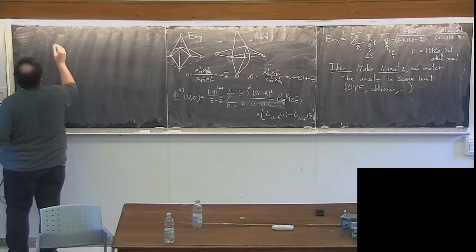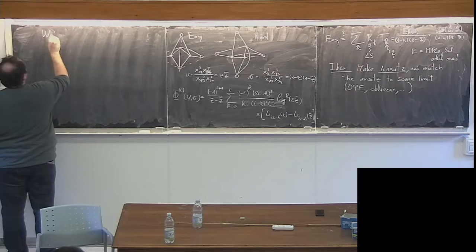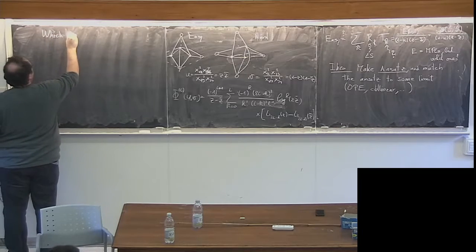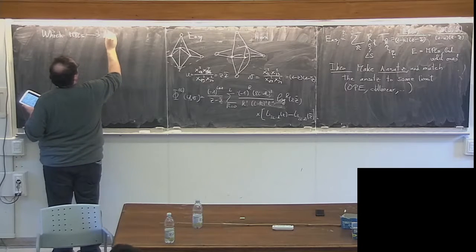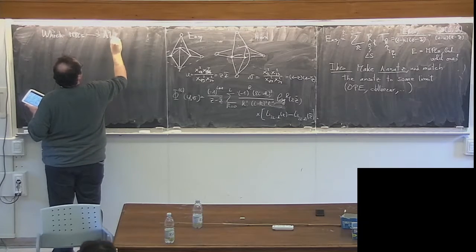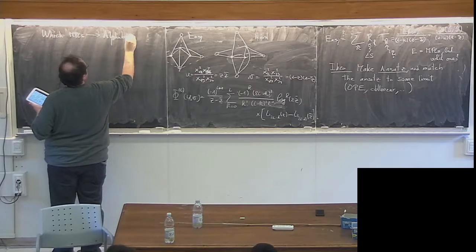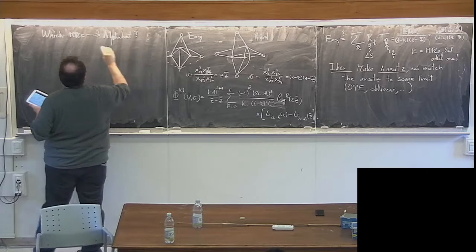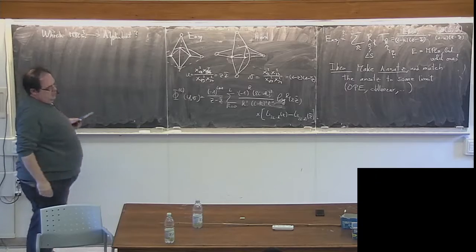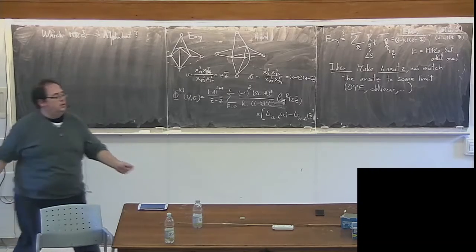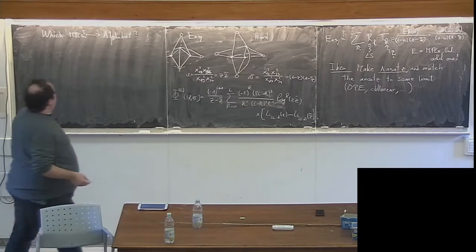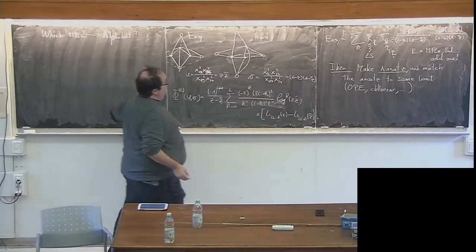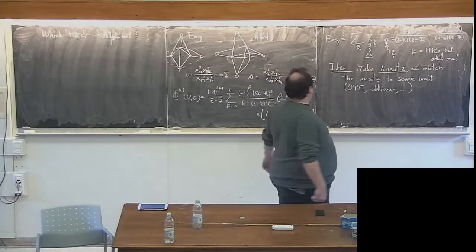So, the question, which polylogs do I choose, leads me to the question, what is the alphabet? So what are the entries in the symbol? It's the same question, essentially. Because if you give me an alphabet, I can construct a set of MPLs.